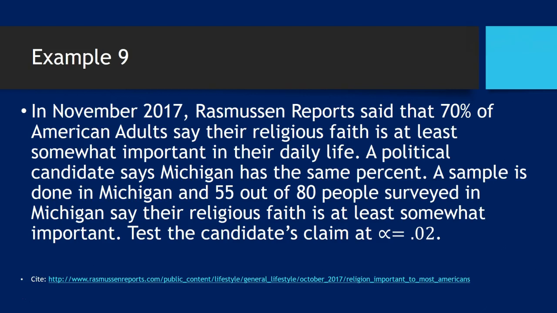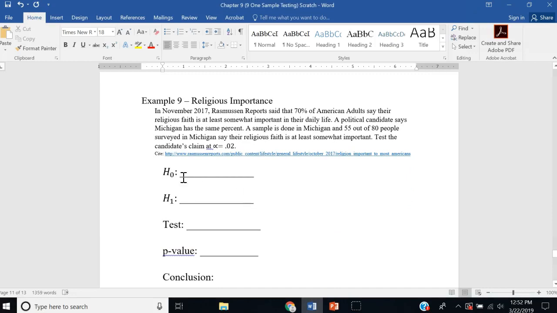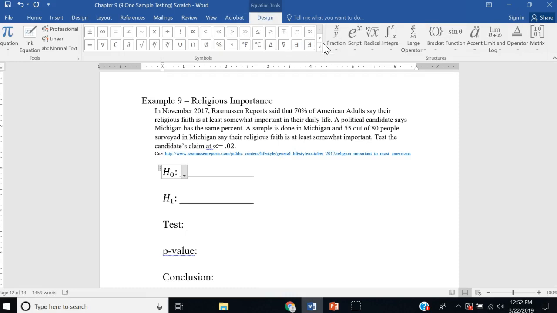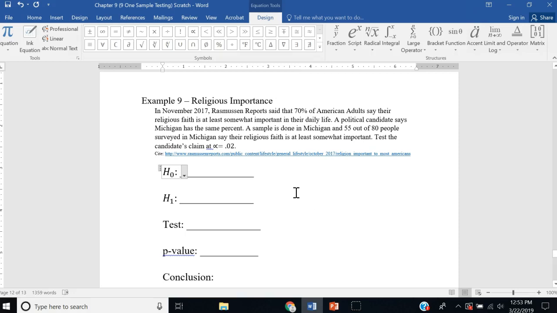All right. So let's set this up. The candidate is claiming that the proportion of people in Michigan is the same as the national average. So the null: the proportion equals 0.70.